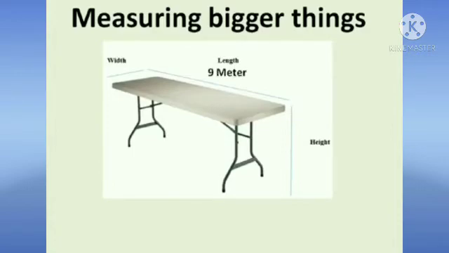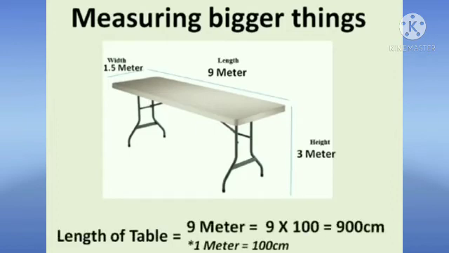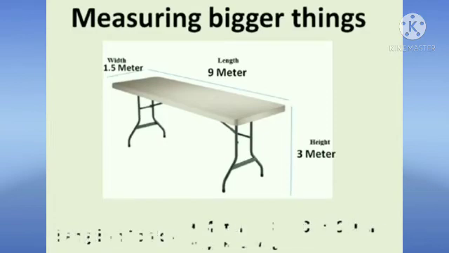On screen you can see a table which has 9 meter length, 3 meter height, width 1.5 meter. So the length of the table is 900 centimeter or 9 meter.